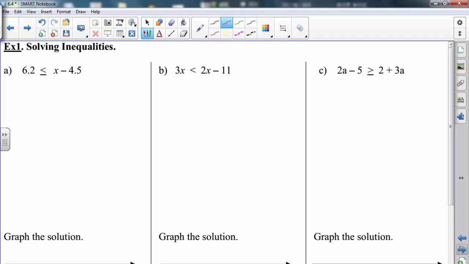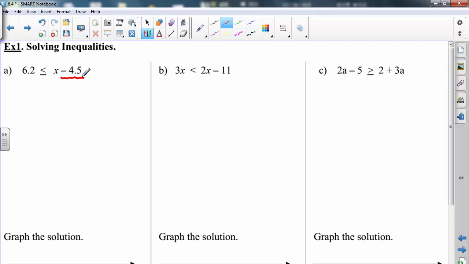Let's use this property to solve inequalities. Let's look at the first example. 6.2 is less than or equal to x minus 4.5. We find that we need to cancel negative 4.5 from the x term side.